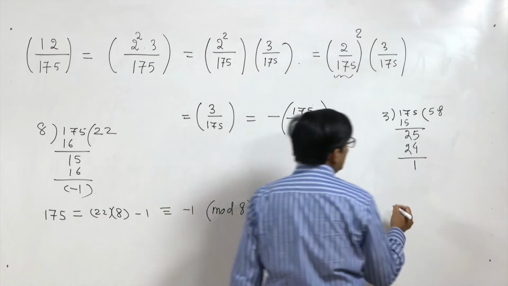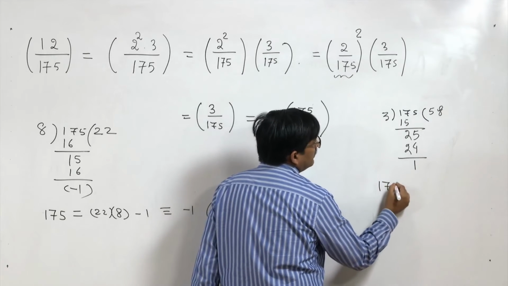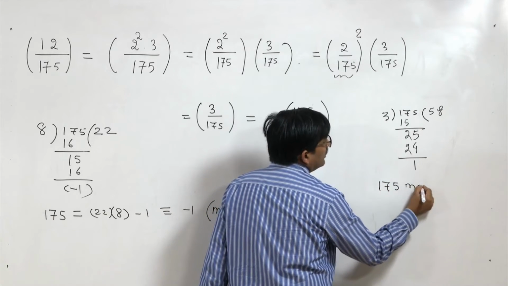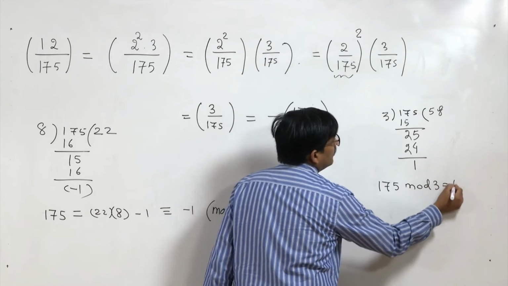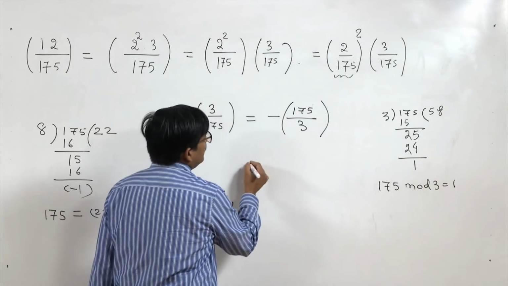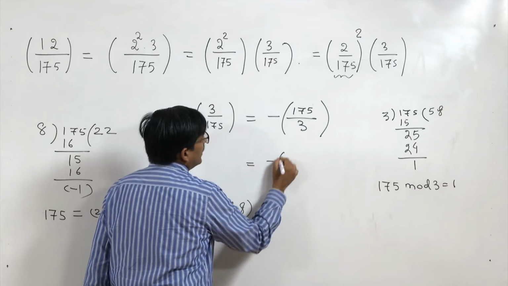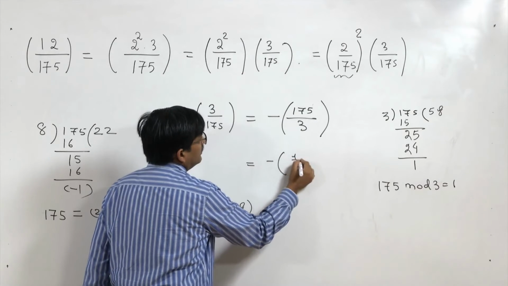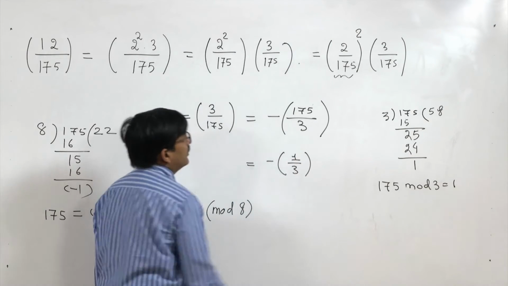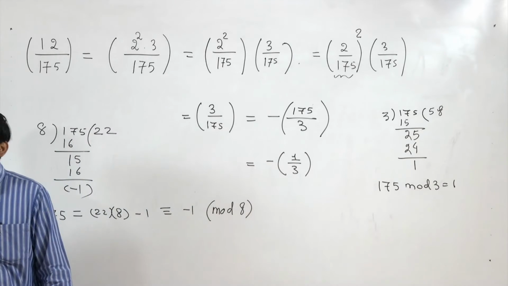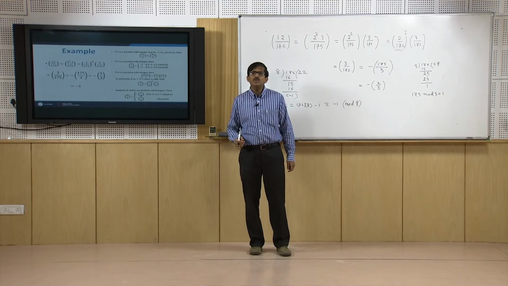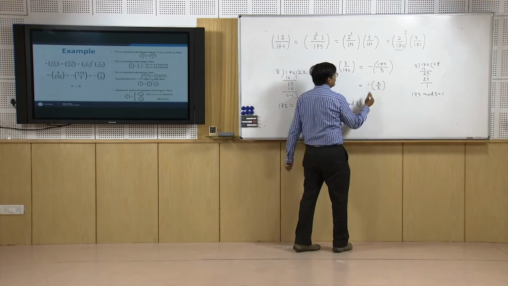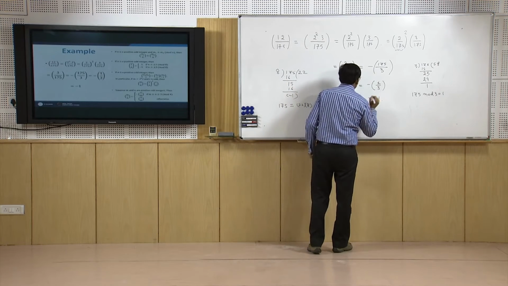Therefore, I can say that 175 mod 3 is equal to 1, and that is what I will replace over here. This is minus 1, 1, 3, and of course, 1 is a quadratic residue mod 3, and therefore, it is 1. So, I get the value minus 1.